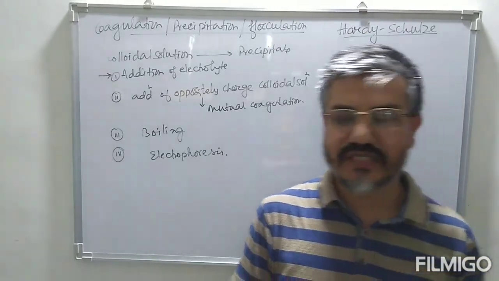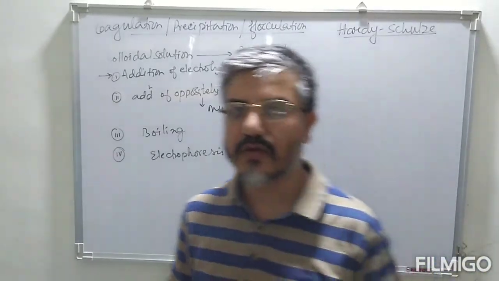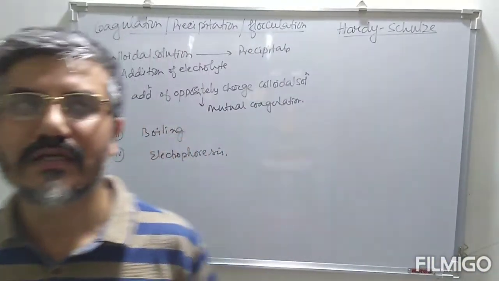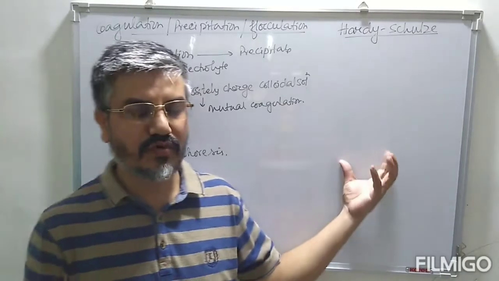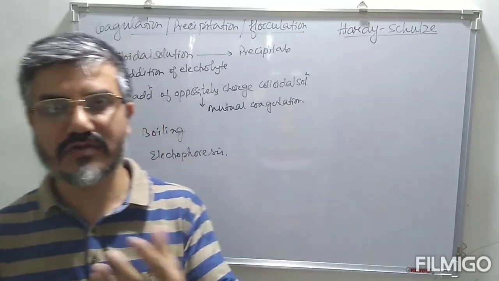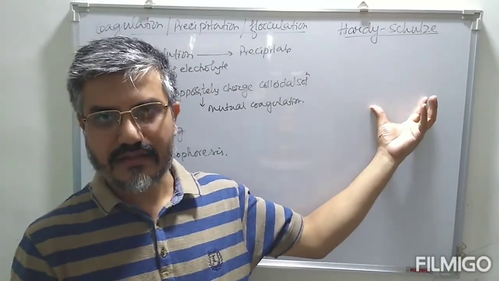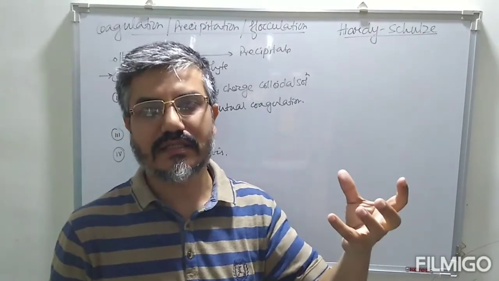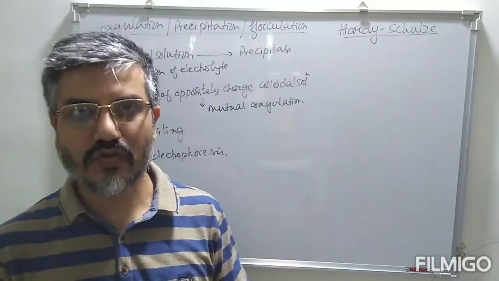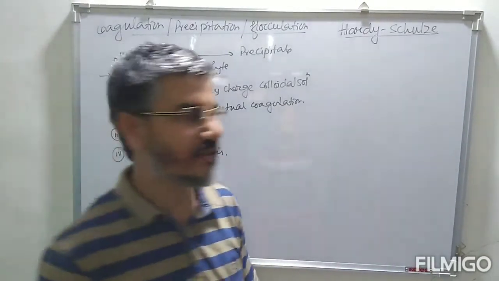Then the rule says the coagulating power of an electrolyte is directly proportional to the valency of the coagulating ion, which is also known as the active ion. So as the valency increases, the coagulating power of the active ion increases.